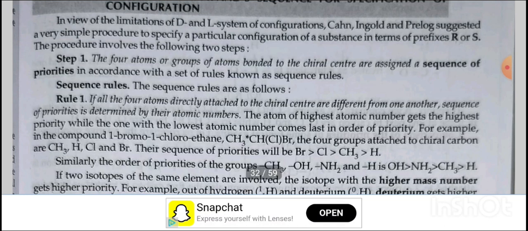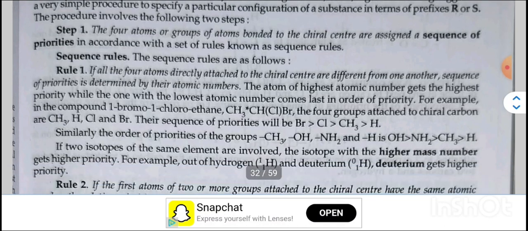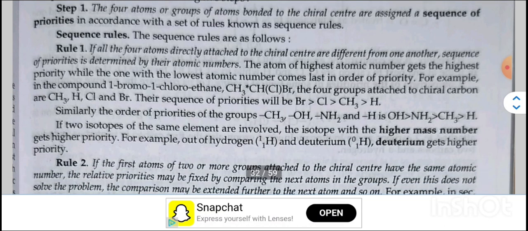The four atoms or groups bonded to the chiral carbon atom are assigned a sequence of priorities in accordance with a set of rules known as the sequence rules. The sequence rules are as follows. Rule number 1. If all four atoms directly attached to the chiral center are different from one another, the sequence of priority is determined by their atomic numbers.